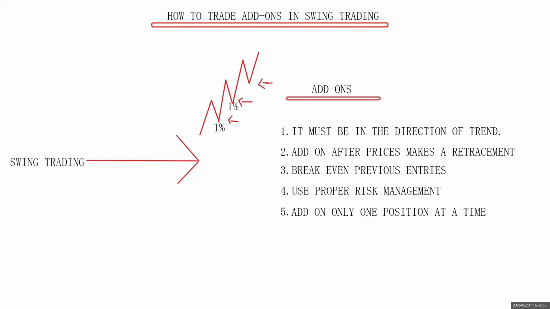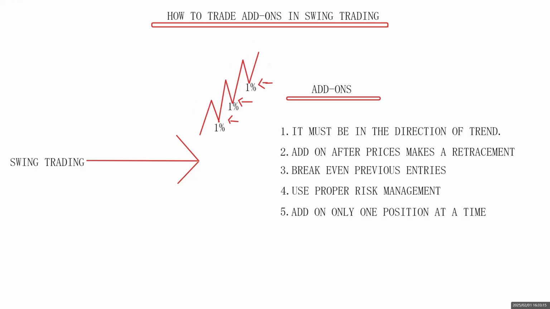Don't be reckless. Since you've broken even the first one, transfer that 1% risk to this one. Then when you've broken even the second one, transfer that 1% risk to this one, so that at the end of the day, even if one of the trades hits stop loss, you've only lost 1%, which is the original risk from that position.